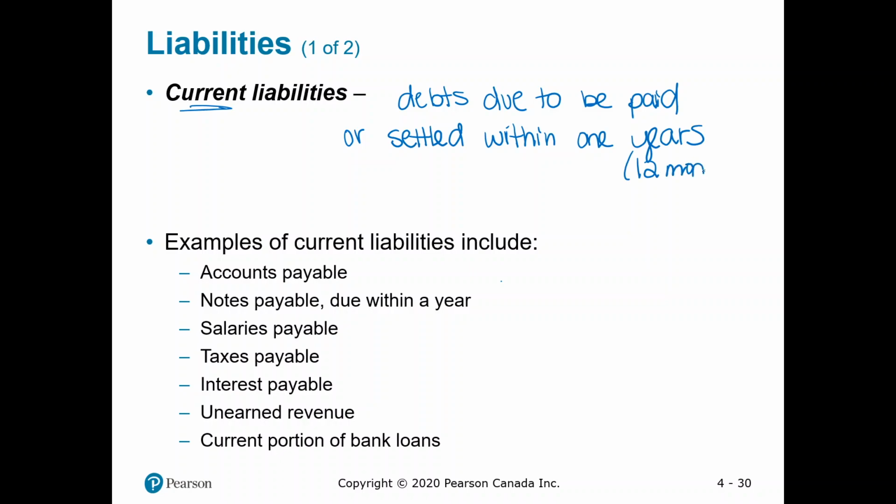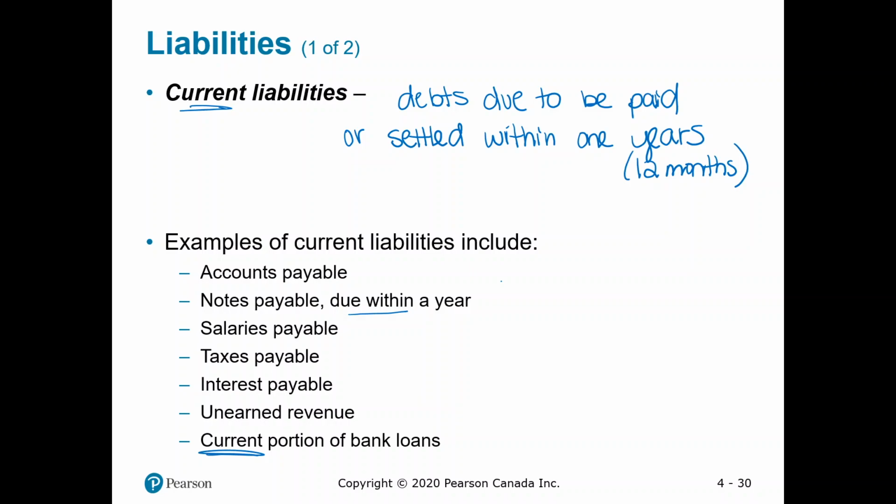It's equal to a year. Examples of current liabilities: accounts payable, notes payable that are due within a year, salaries payable, taxes payable, interest payable, unearned revenue, and then the current portion of a bank loan.